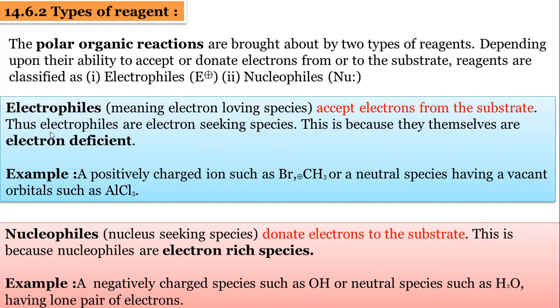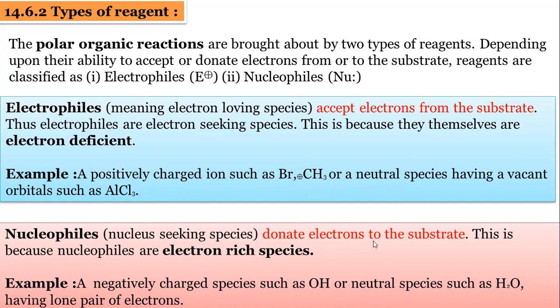Remember, these are electron deficient species. Yesterday I also discussed electrophiles like Br plus, how Br plus is generated, and CH3 plus, which are positively charged. Opposite to electrophiles, the other reagent is nucleophiles, nucleus-seeking species.